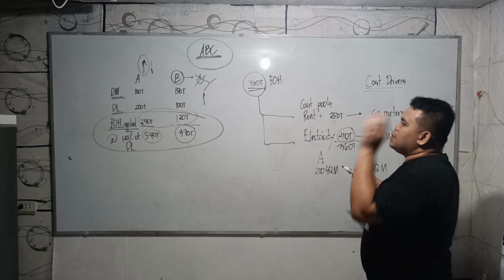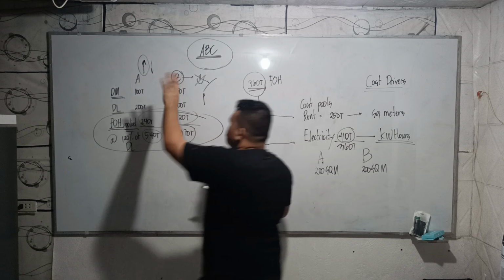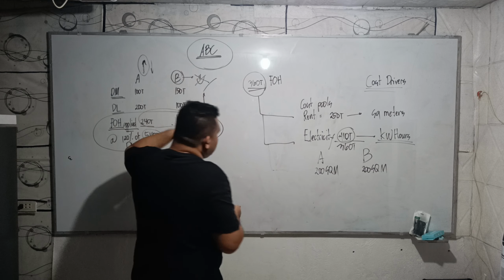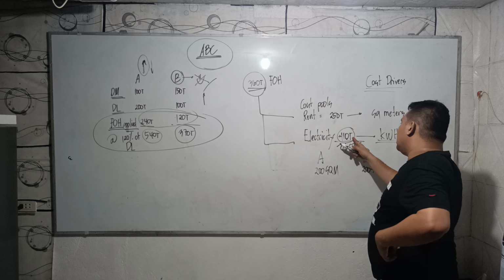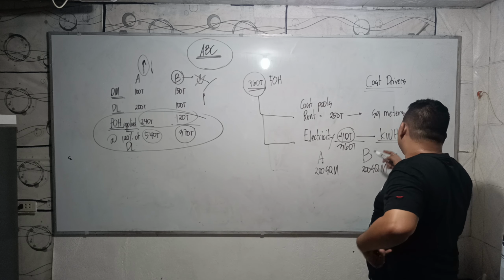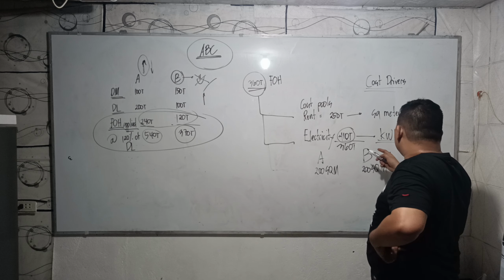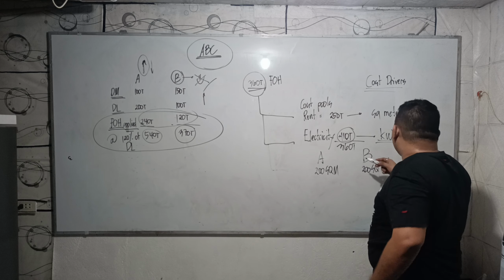Okay? But later, let's talk about the electricity. Like for example, in production of product A and production of product B, how many kilowatts are used? Like for example, this 110,000 is 2,000 kilowatts.